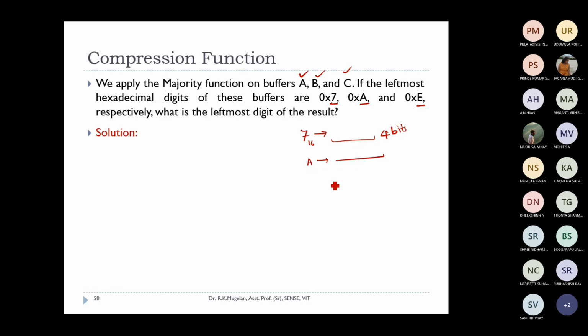Kindly tell the binary values of 7, A, and E in the chat box.